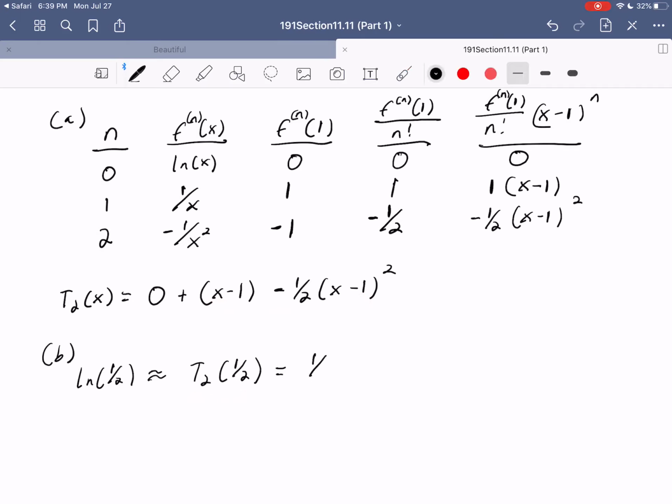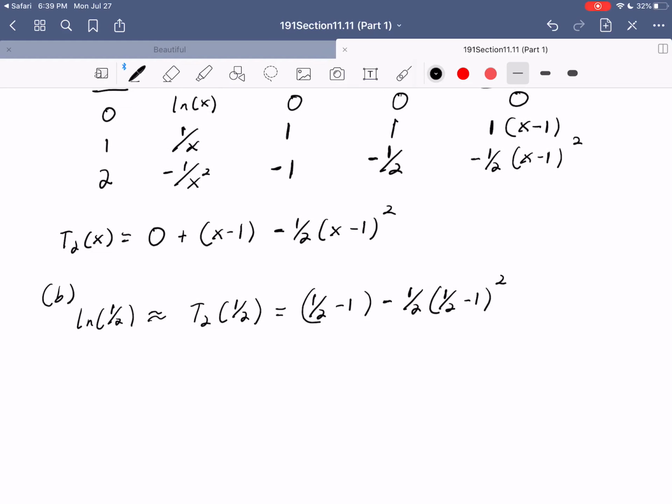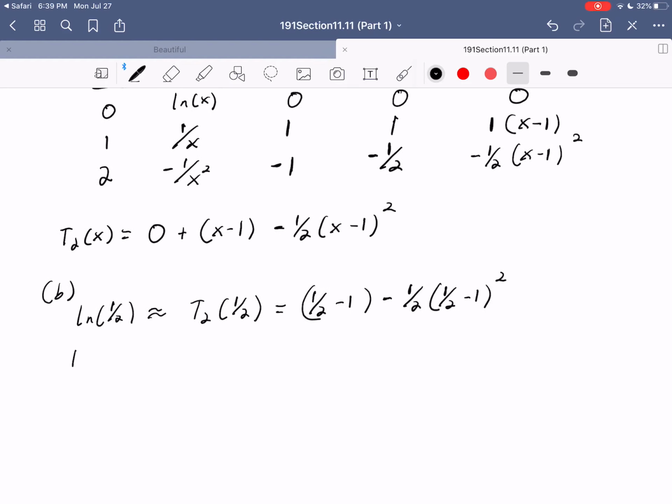If we do that, we get 1/2 minus 1 minus 1/2 times 1/2 minus 1 squared. And if we do that, we get that ln of 1/2 is approximately negative 1/2.